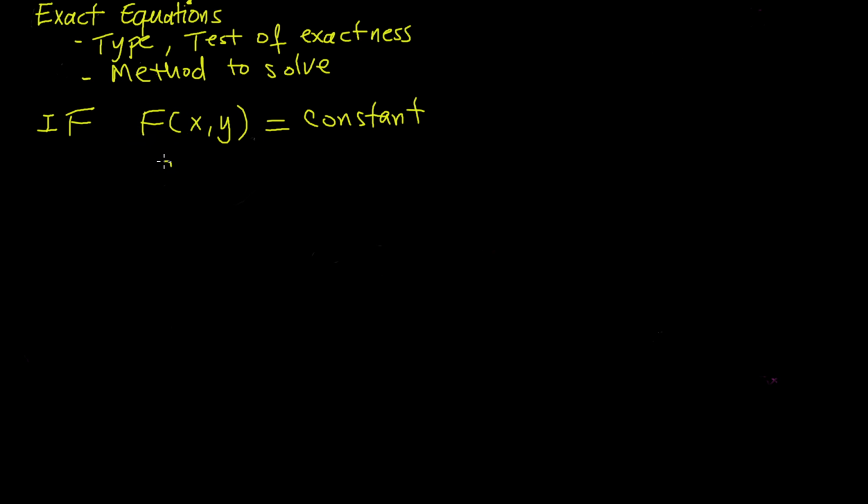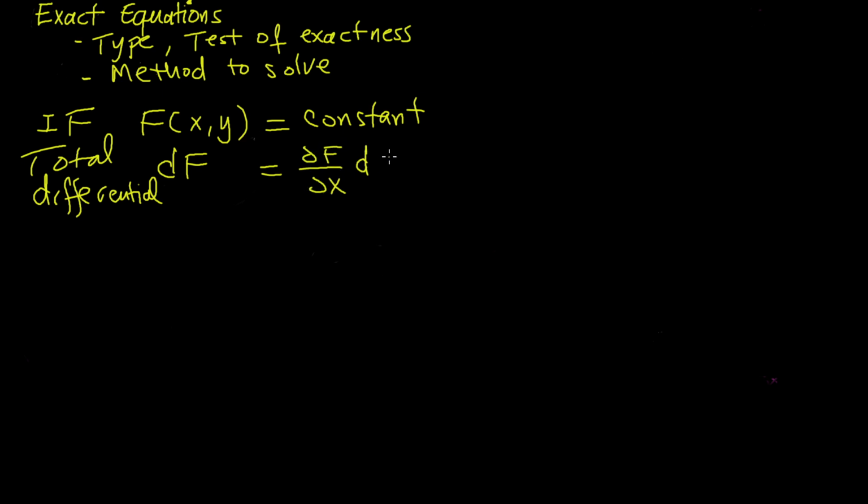Then this differential, or df, which I think you've seen before, is called the total differential. It's just going to be the partial derivative of f with respect to x times dx plus the partial derivative with respect to y times dy. It's going to be 0.